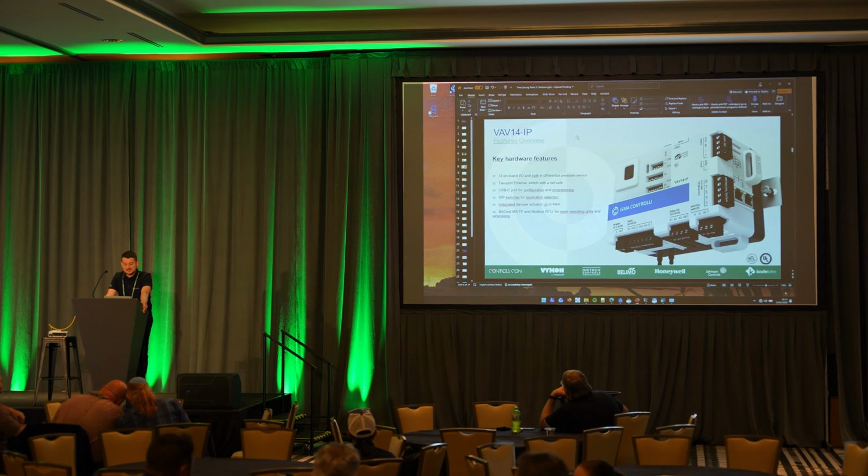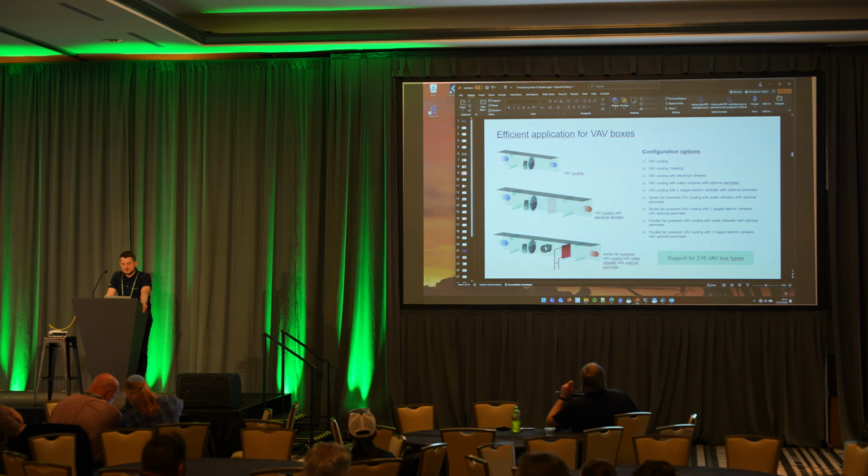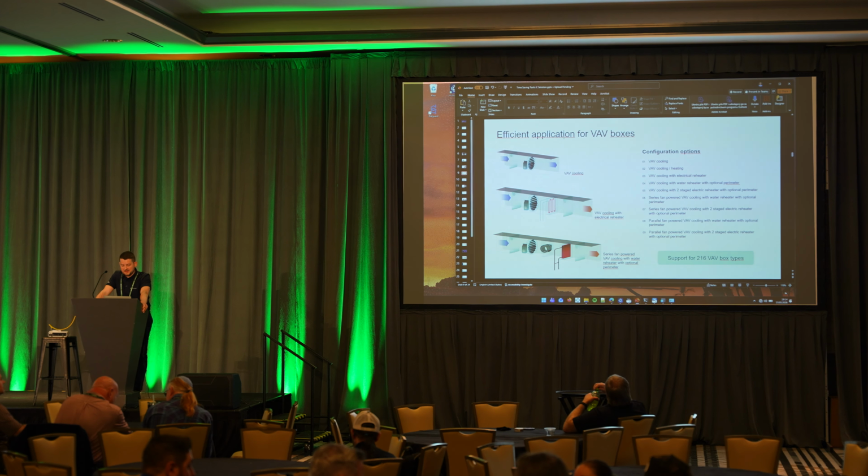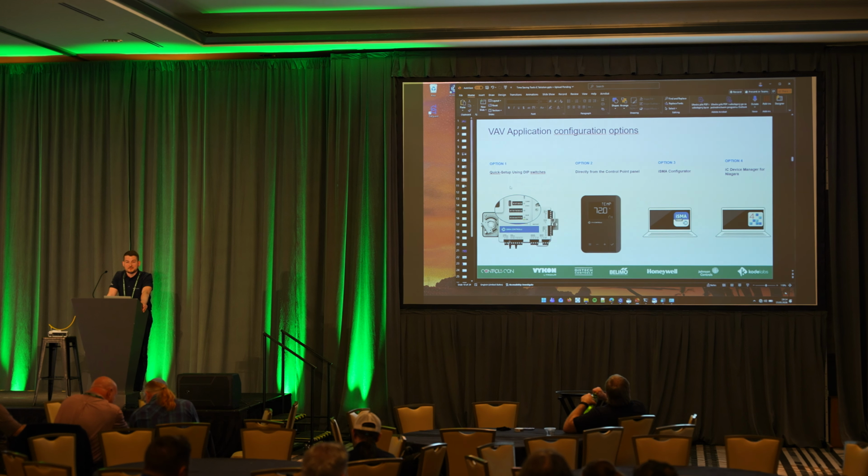This controller stores logic internally and comes pre-installed with a configurable VEV application that can support up to 216 different types of VEV boxes. And about the configuration of the VEV, we have a number of tools.